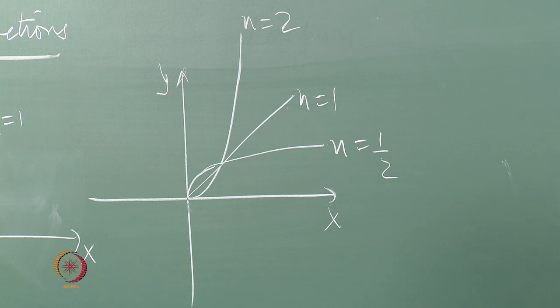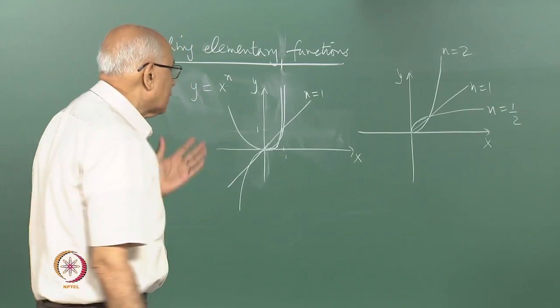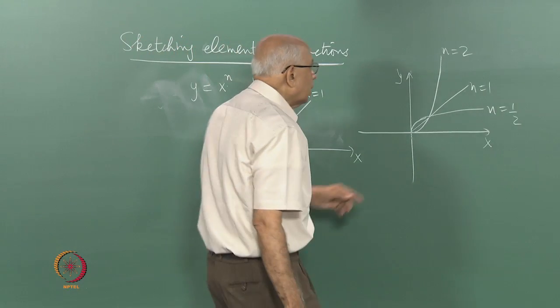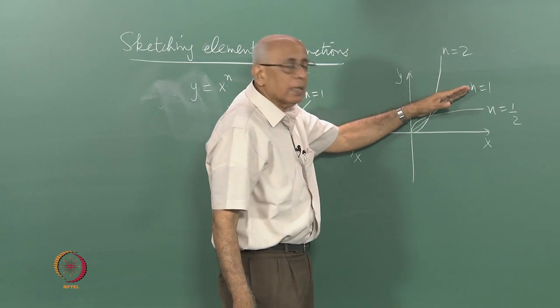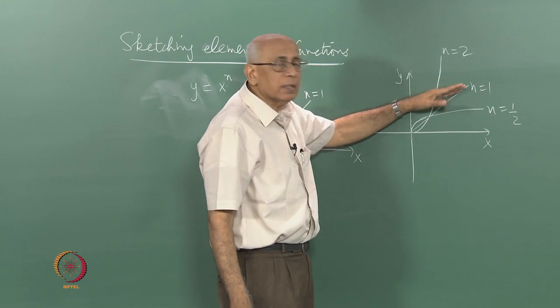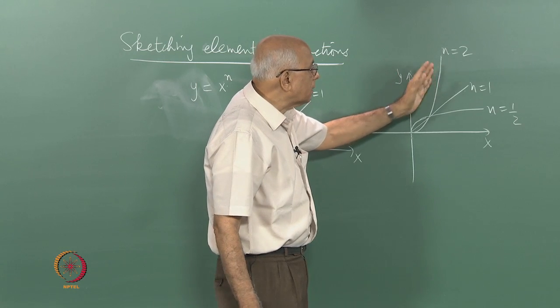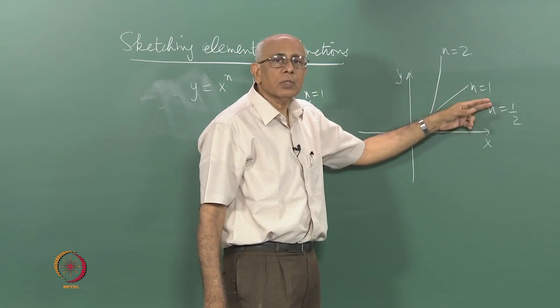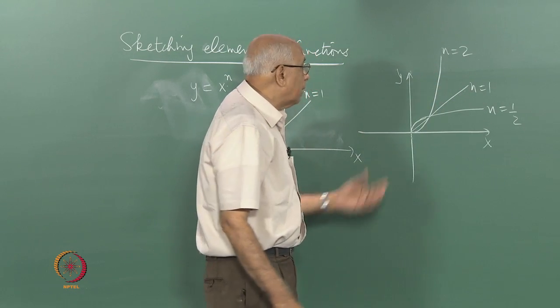So now we immediately have this concept of how the function becomes infinite, how fast does it tend to become unbounded. If n is a positive integer greater than 1, it certainly increases faster than linearly, and for n less than 1 it increases slower than linearly. What happens if n is 1/3?